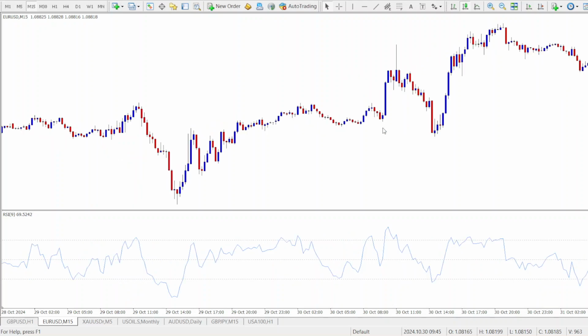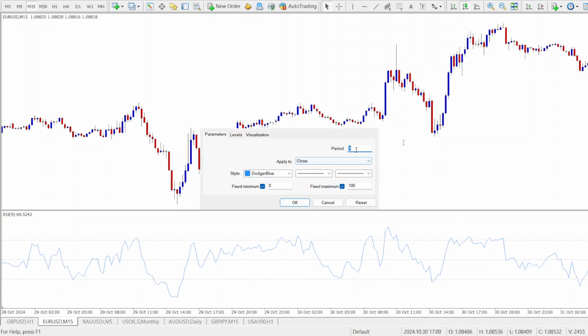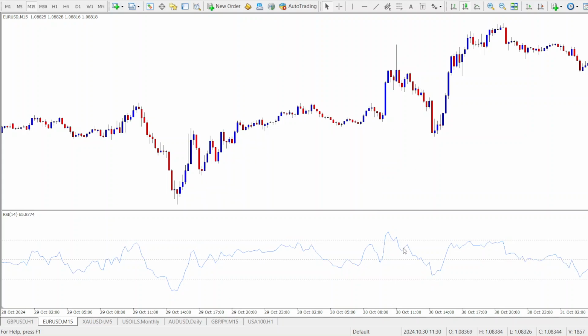Now for example, let's say you are day trading with the 15-minute chart. We are currently on the 15-minute chart. A 5 period RSI setting will capture more of those minor price swings compared to the 14 period. Also, the 9 period would capture more price movements compared to the 14 period. Let us just look at the 14 period again. Can you see the changes?